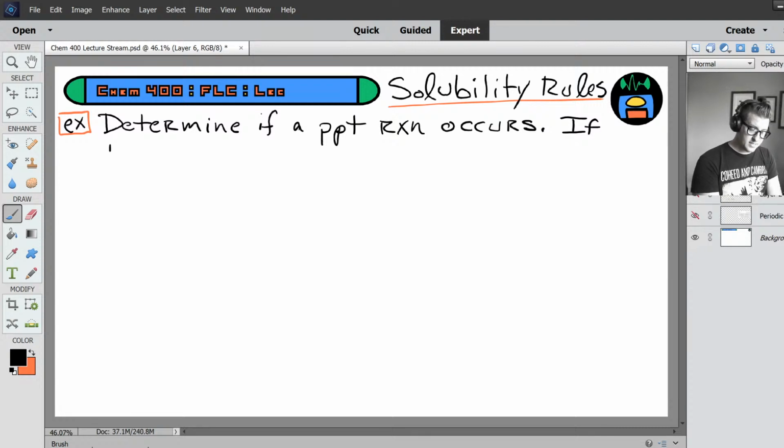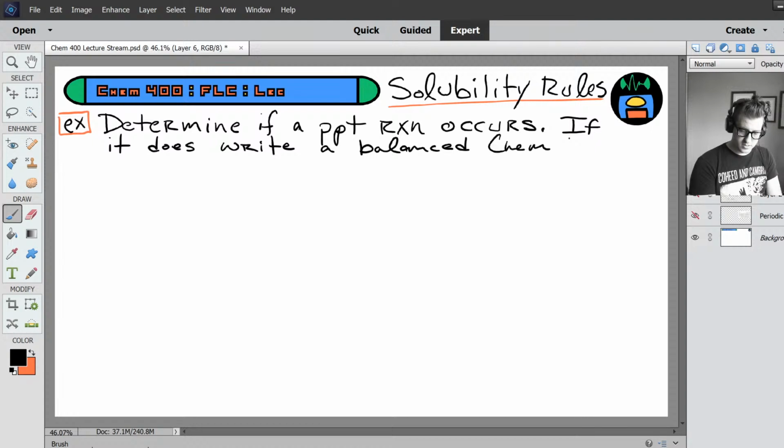If it does, write a balanced chemical equation and a net ionic equation.